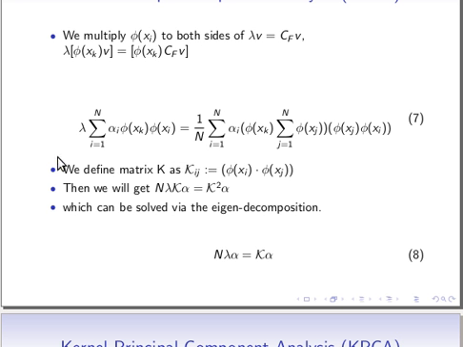And then we just expand the original equation into equation 7. We can see this v is equal to this one times the phi of xk, and this C is equal to this one, the summation of the alpha i times xj, and v equal to this one.